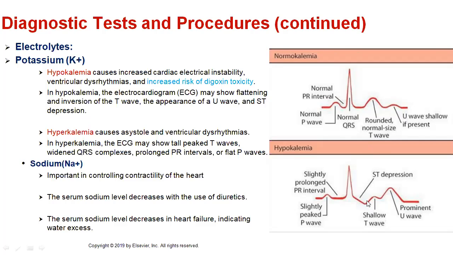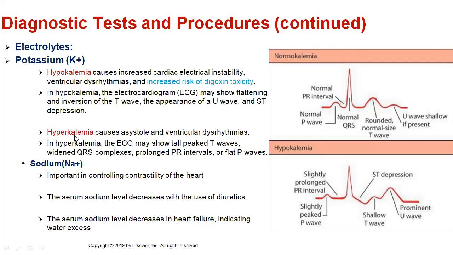But you see the ST segment depression on the EKG, and also a very prominent Q wave, but the Q wave is very shallow in a normal EKG. In hypokalemia, the EKG U wave is very prominent, right? This is the EKG change.